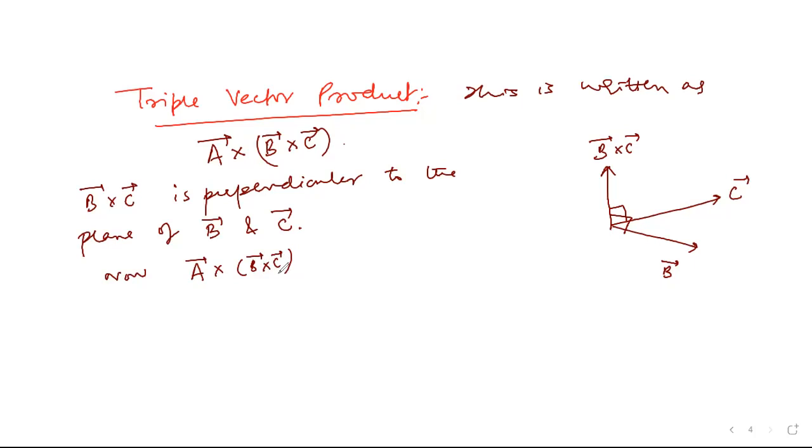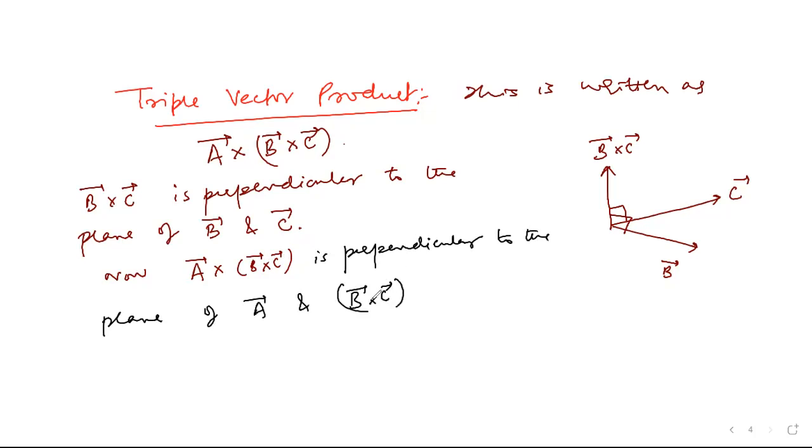A cross B cross C is a vector, which by definition of the cross product is perpendicular to the plane of A and B cross C. Treat B cross C vector as a single vector.